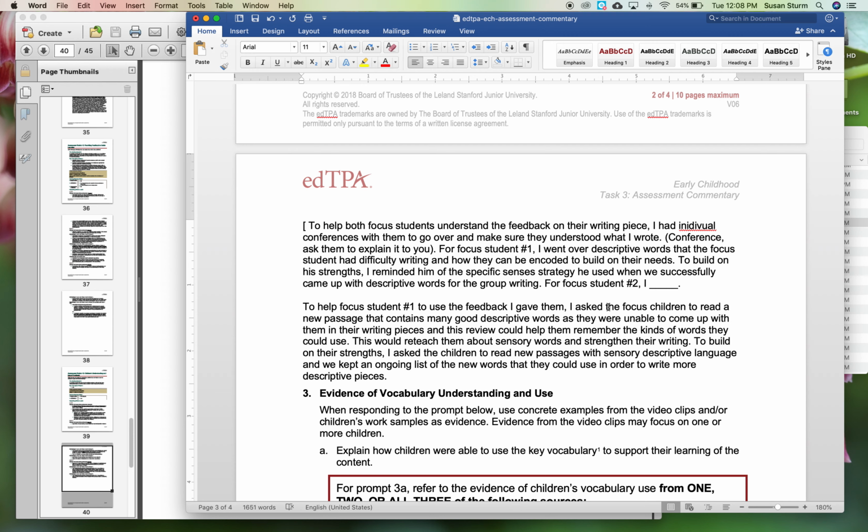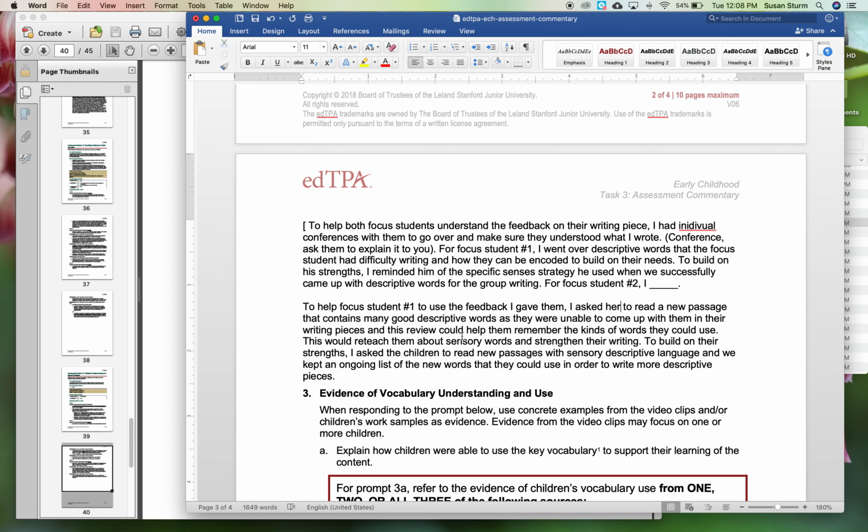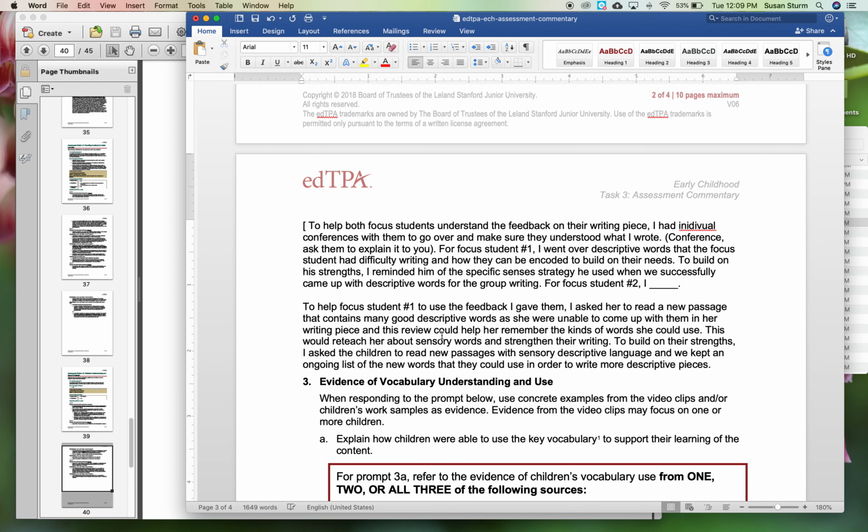I asked, let's say this one is a girl, her to read a new passage that contains many good descriptive words, as she was unable to come up with them in her writing pieces, and this review could help her remember the kinds of words she could use. This would reteach her about sensory words and strengthen her writing.